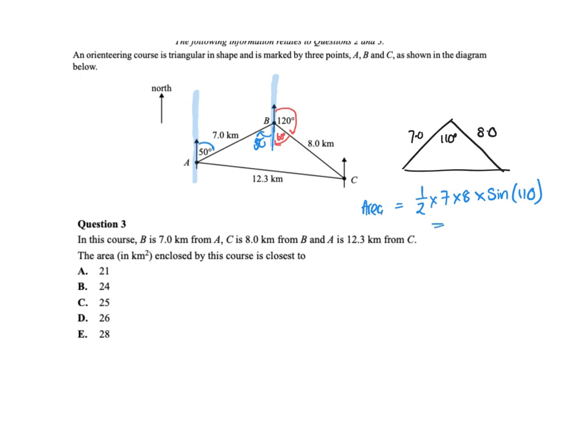So let's have a look and see what that one is. So 0.5 times 7 times 8 times sine 110, I get 26.3. So the closest one is D. Okay, so there's where you're getting a combo of the bearings and area of a triangle.